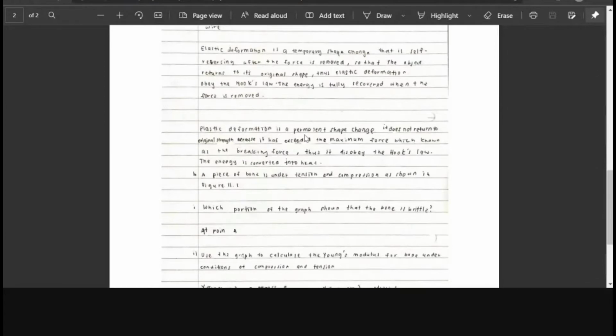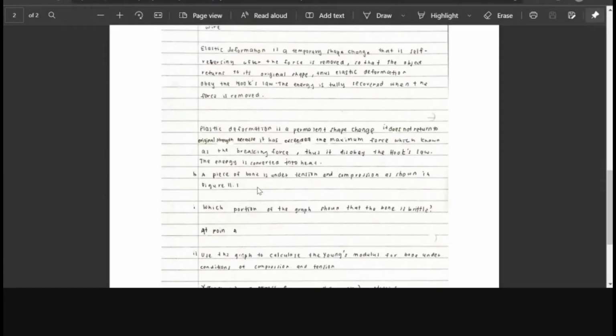Plastic deformation is a permanent shape change. When it extends, it will not return to the original because it exceeds the maximum force, also known as the breaking force. So it disobeys Hooke's law, and its energy is converted into heat. It does not obey Hooke's law, because it does not return to its original state. Very good.